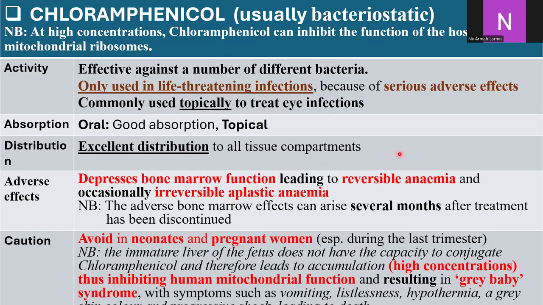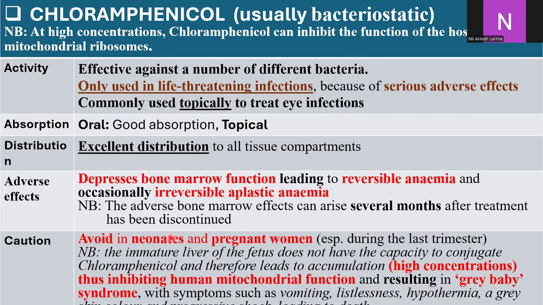Mostly this manifests as anemia, which sometimes is reversible and occasionally is irreversible, where the bone marrow is destroyed. Interestingly, the adverse effects can occur several months later, not immediately, after the medication has been stopped. So that is another thing we want to be aware of.